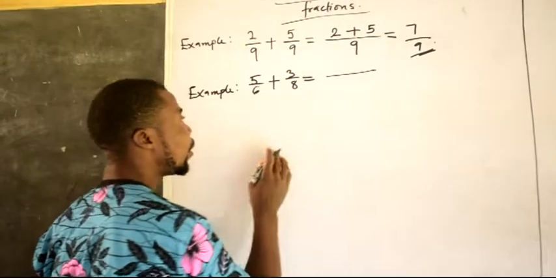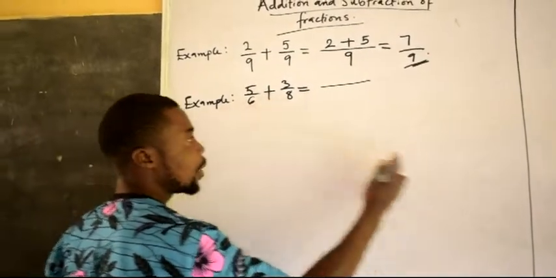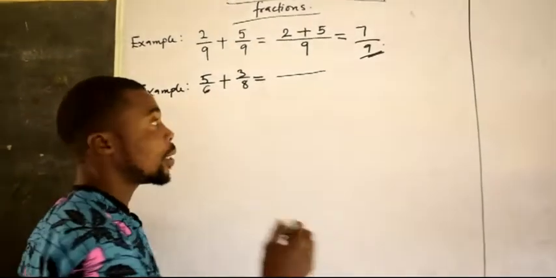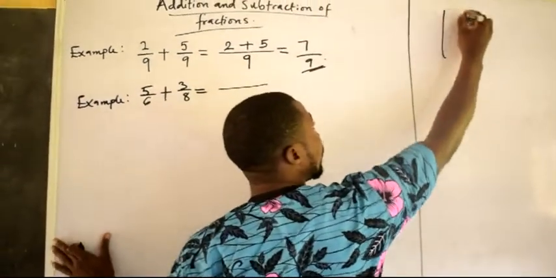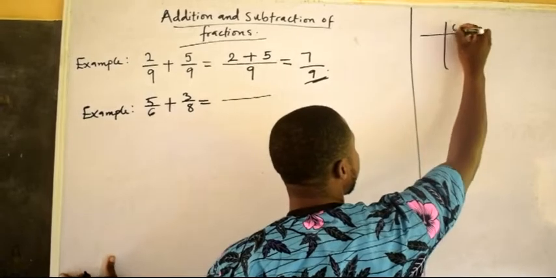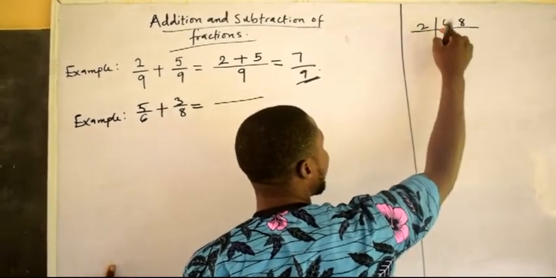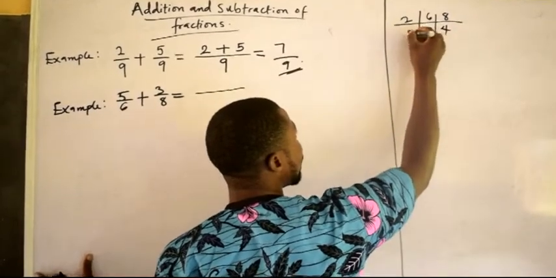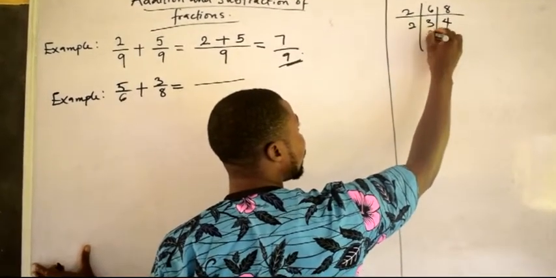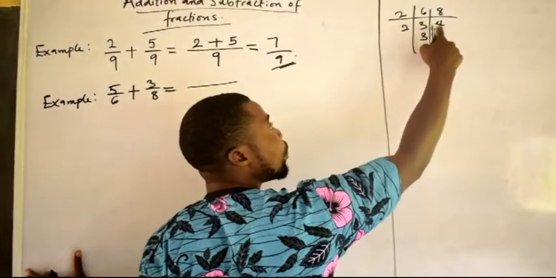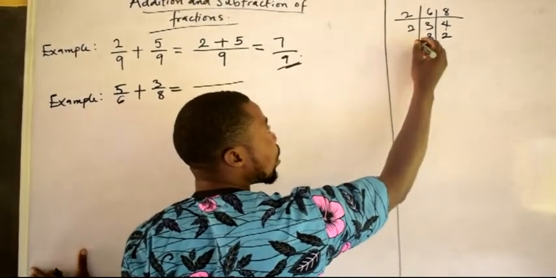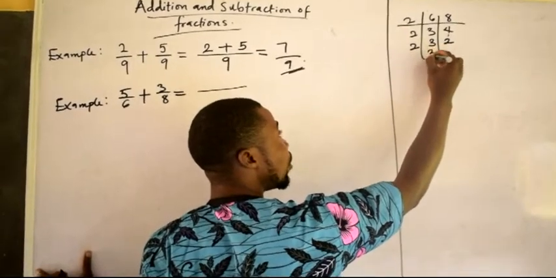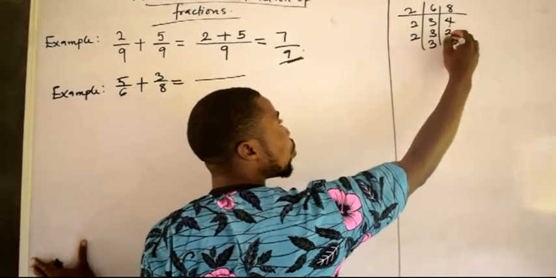The LCM of 6 and 8, the way I taught you when we were doing LCM, you can do it this way, 6 and 8. 2 will go here, 3. 2 will go here, 4. 2 cannot go in 3, so you repeat it, 3. 2 in 4, 2. You use 2 again. 2 in 2, 1.